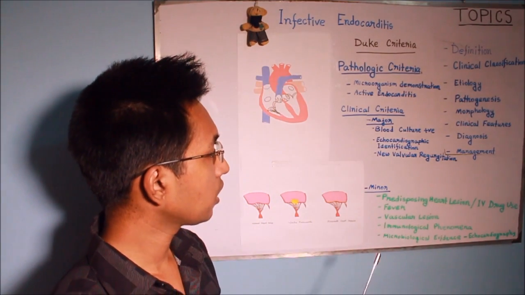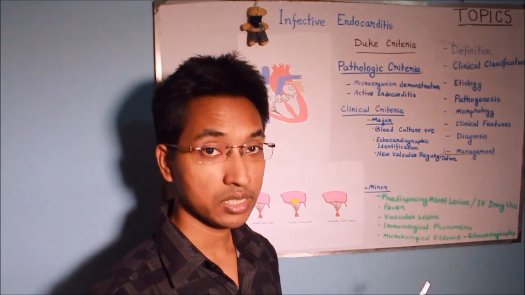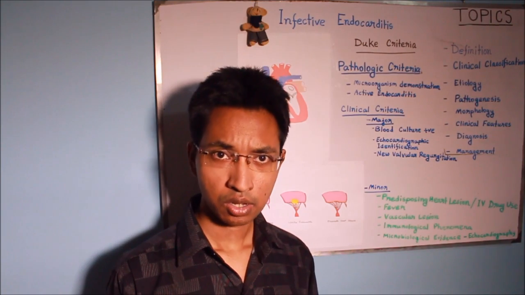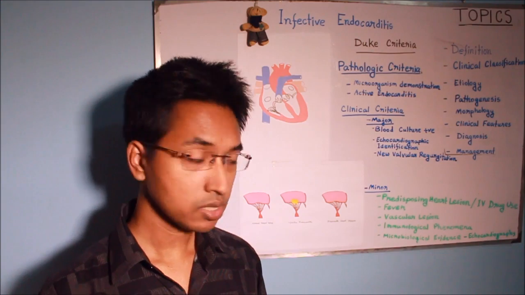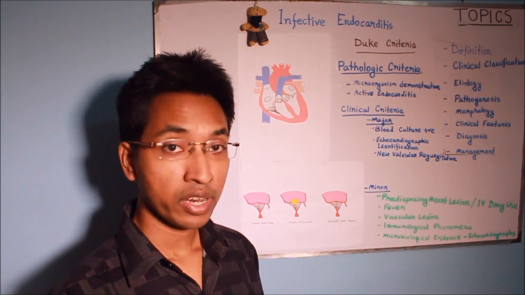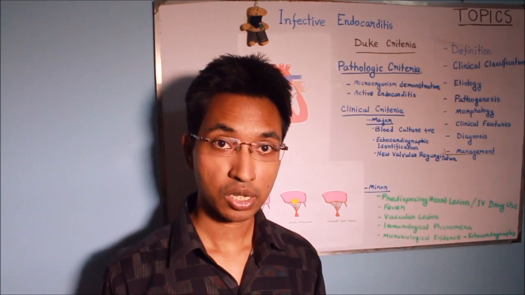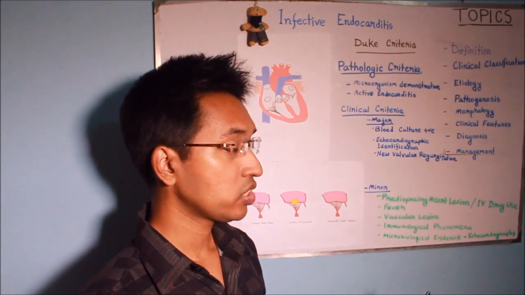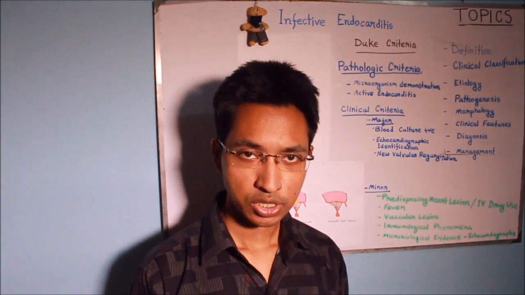The second clinical criterion was echocardiographic identification of valve-related mass or implant-related mass or abscess, or whenever we are seeing partial separation of artificial valves. And the last major clinical criterion was new valvular regurgitation.